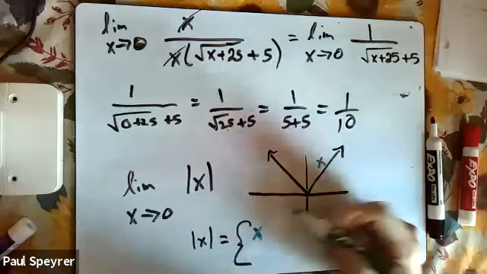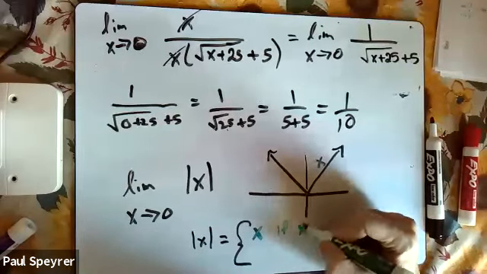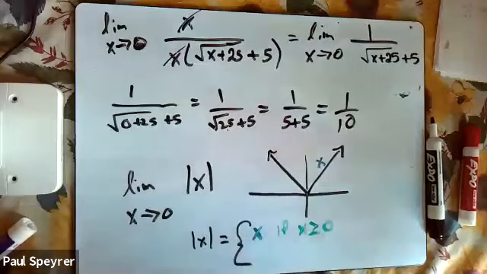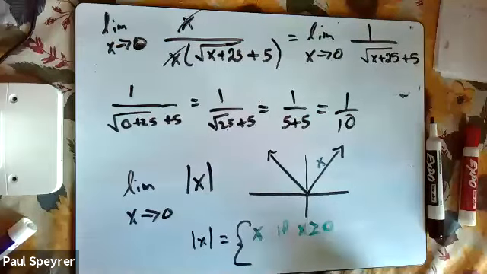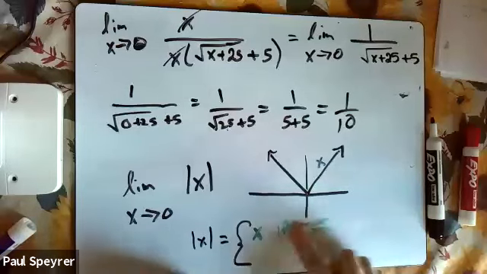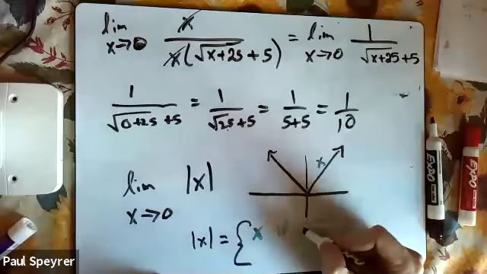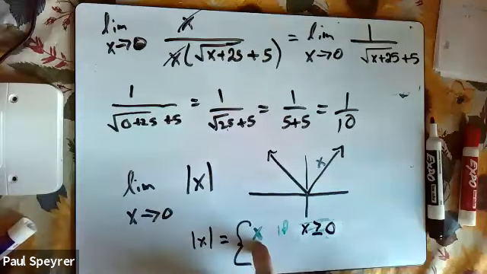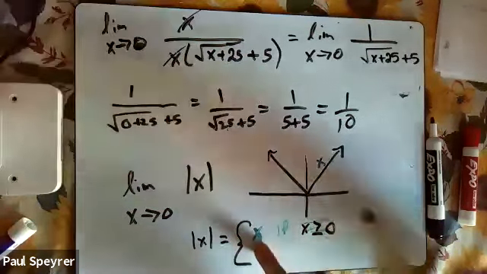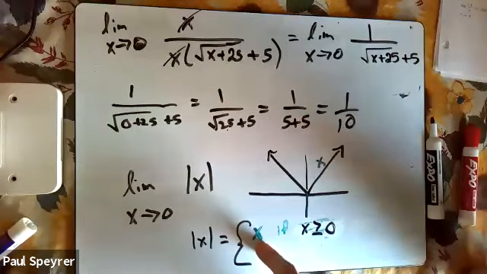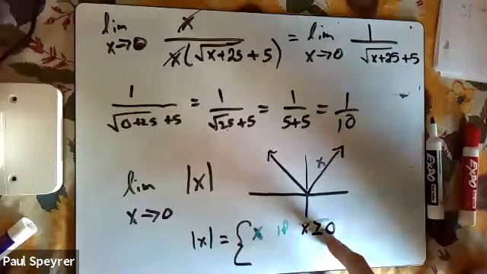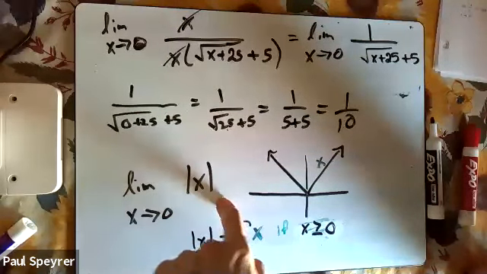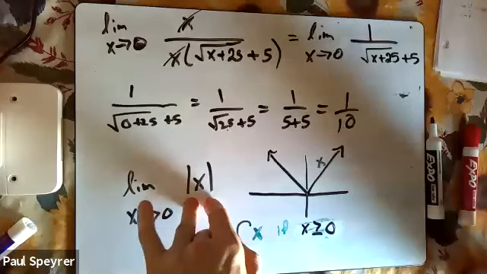Well, it does that if x is greater than or equal to 0. Where did I pull this x from right here? Well, the trick to working these absolute values is the one where it's always greater than or equal to something, you just drop the bars right here. You don't change the signs, okay, of what's going on the inside. I'm going to do a couple of these right here.